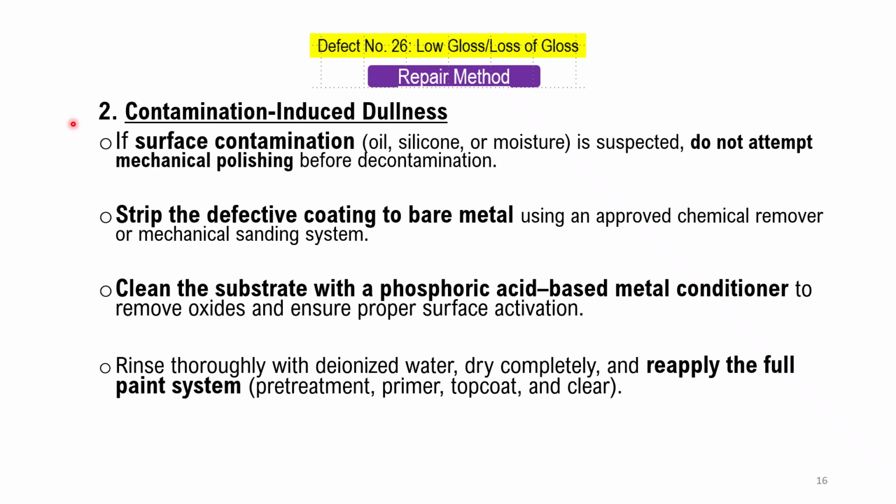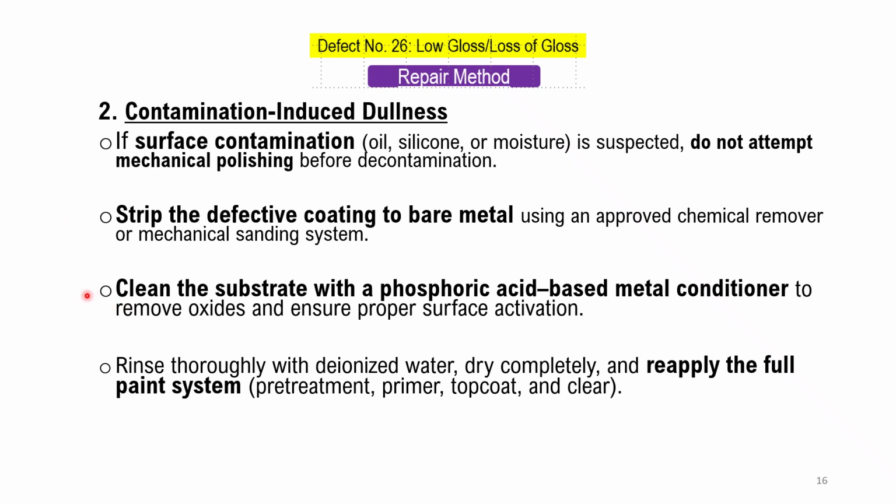Number two, contamination-induced dullness. In this case, if surface contamination, that is, oil, silicone, or moisture, is suspected, do not attempt mechanical polishing before decontamination. Strip the defective coating to bare metal using an approved chemical remover or mechanical sanding system.